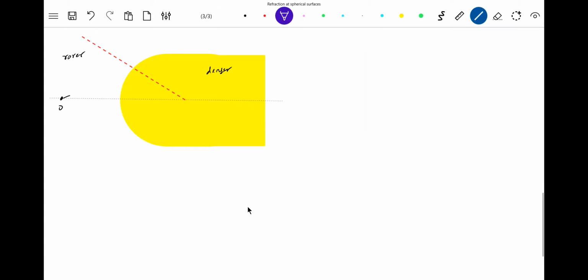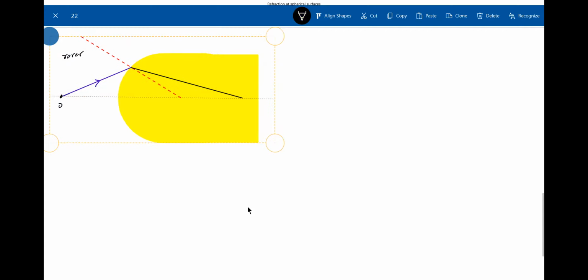I already discussed this, and I'm summarizing it. So we will get this, and this is the image. This is the incident ray. Now a situation can happen where the object is kept in the rarer medium and the image is formed in the denser medium.